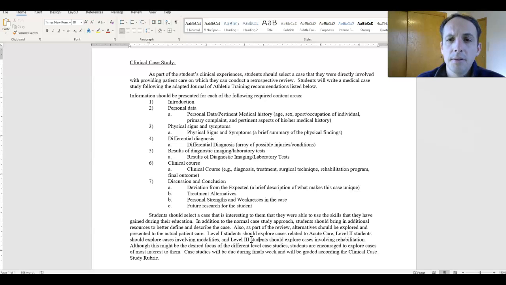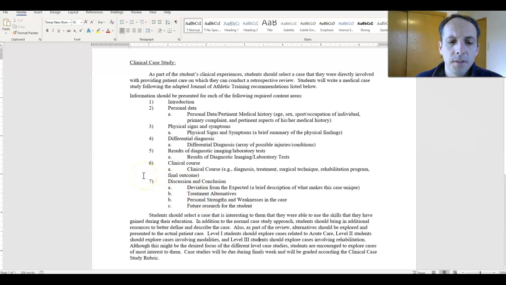And then in your level 2 experiences, obviously you're spending a lot of time on the evaluation and management of athletic injuries. So you can do a more normal case study where you would just walk through the treatment plan, including the evaluation for either an upper or lower extremity injury that you were involved in.